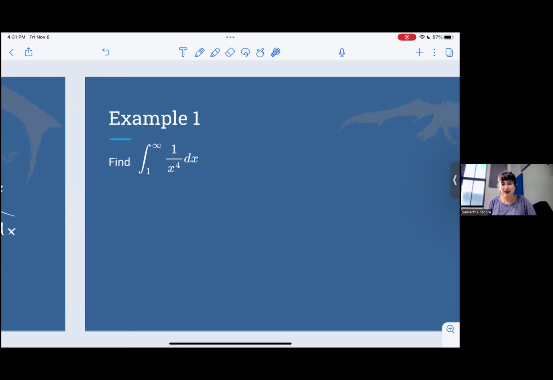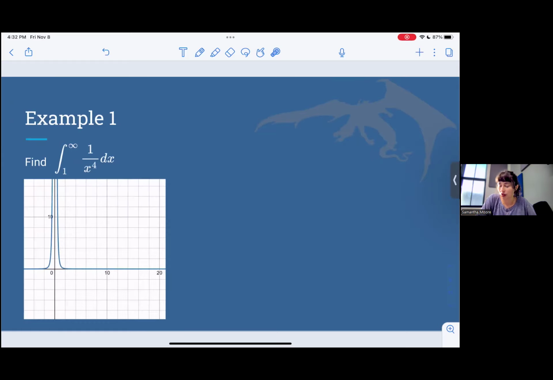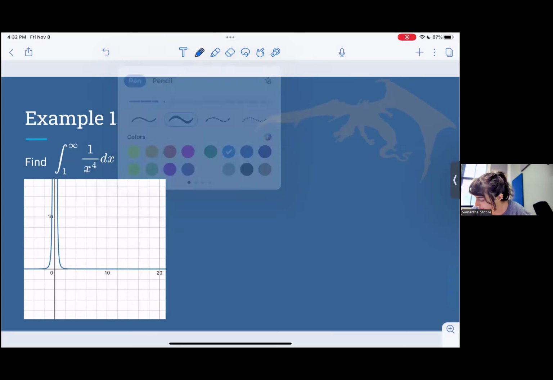Okay, so let's see this in practice. I'm being asked to find the area under the graph of 1 over x to the 4th, and I'm asked to look at the region between x equals 1 and x equals infinity. So if I graph my function, this is the graph of 1 over x to the 4th, and I highlight the relevant region.